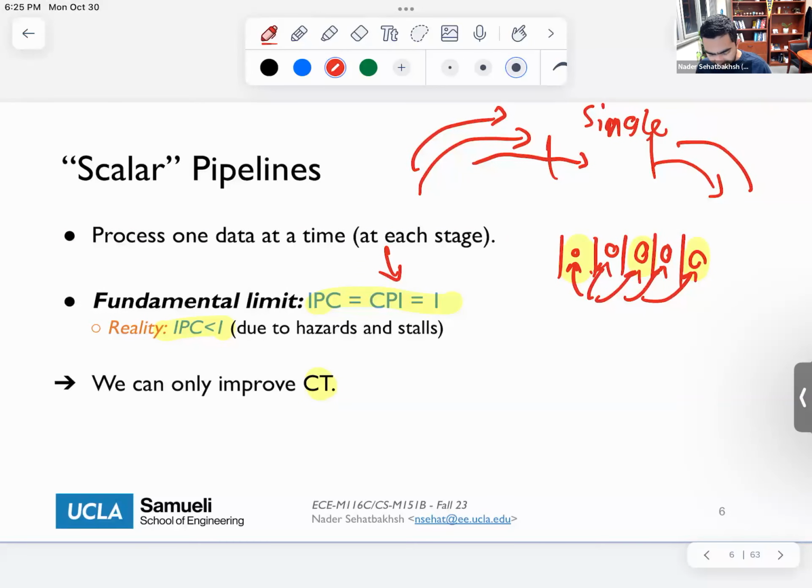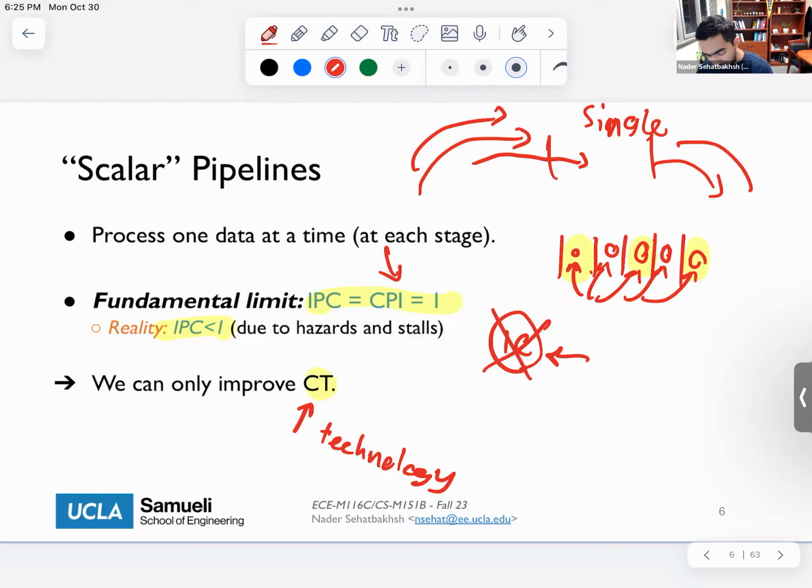And CT itself, as I said before, is usually a function of technology, right? We really don't have much flexibility at the architecture level to change CT. If a faster transistor comes, we can decrease CT, but there's nothing we can really do at the architecture level to improve it. And I told you before that IC is improved at the software or compiler level, so nothing can be done for IC itself.